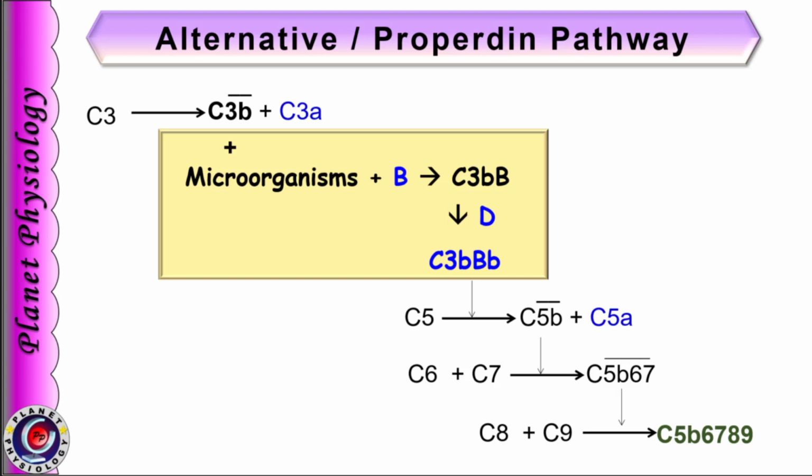C3bBb complex is stabilized by a protein called as Properdin, which greatly amplifies complement cascade and hence it is also known as Properdin pathway. Once C5 is cleaved, rest of the pathway is same as that of classical pathway. As this pathway is activated in absence of antibodies, it is the part of non-specific immunity, that is innate immunity.